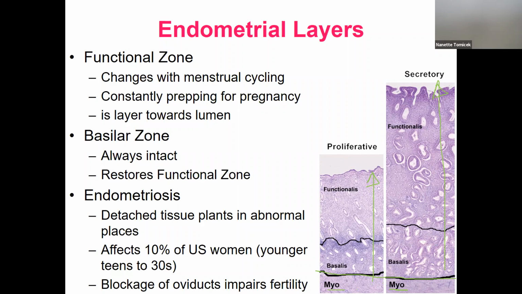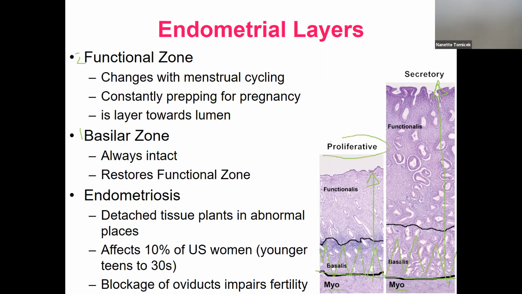So what happens with these endometrial layers is that there's always this bottom layer that is growing and regenerating. This is the basilar zone or zona basalis, and this is what you always have in terms of endometrium. So that layer is always there. Number two, the second layer of the endometrium is called the functional zone. That functional zone is going to grow and change.